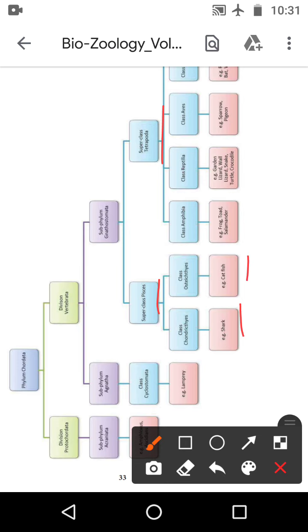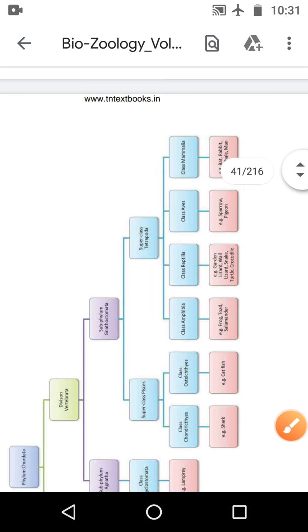Then superclass Tetrapoda, with the class Amphibia. Amphibians, as you already know, live in water and land. Examples are frog, toad, salamander. And reptiles: garden lizard, wall lizard, snake, tortoise and crocodiles.